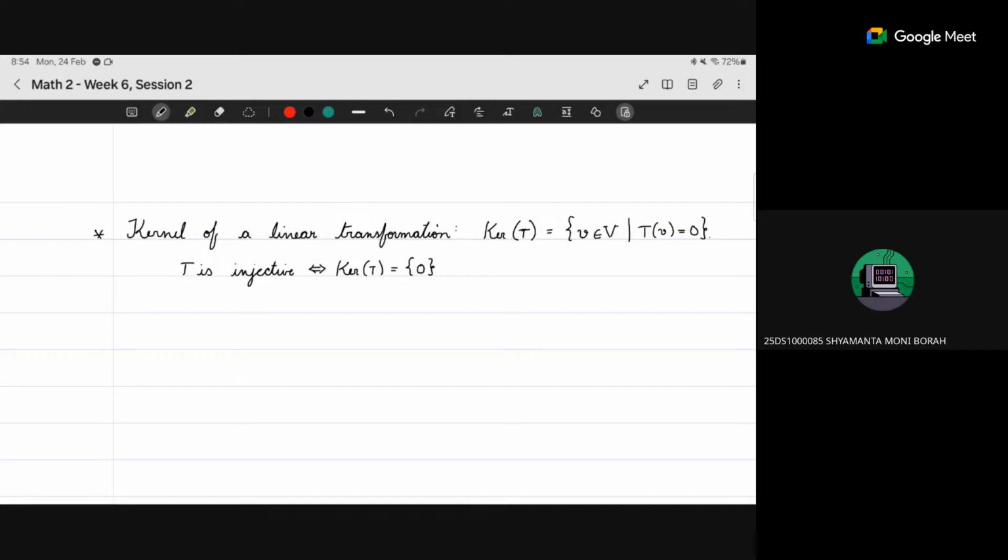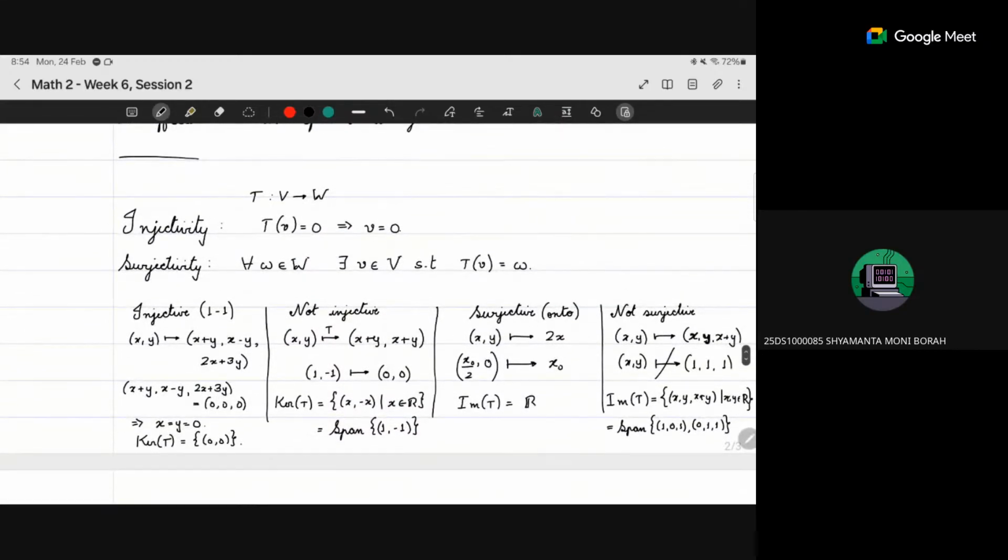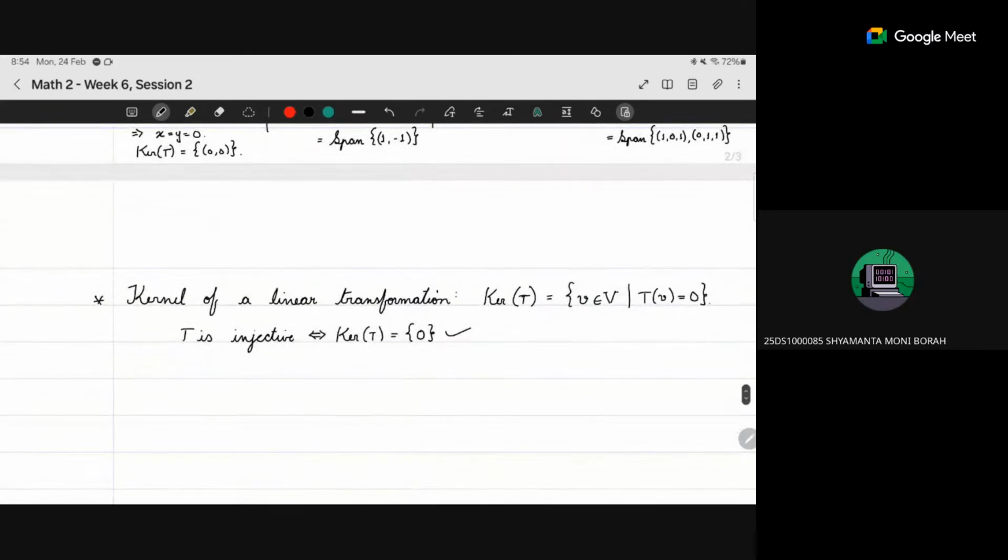All right, is this statement clear? If you're okay with this statement, you should be okay with this one also. Injectivity is that the pre-image of 0 is just the 0 element, and the pre-image of 0 is what I'm calling the kernel. So injectivity is equivalent to saying that the kernel is the single element set 0.